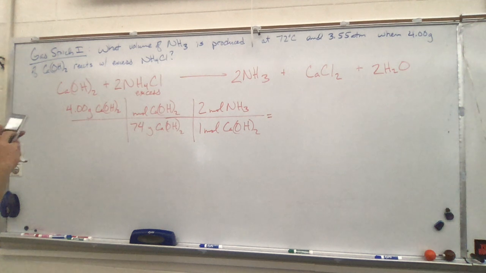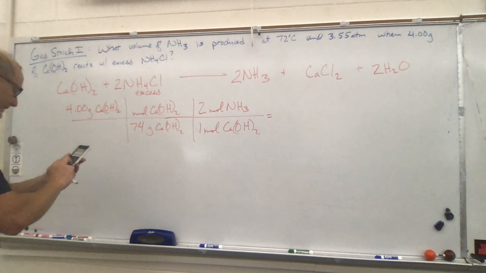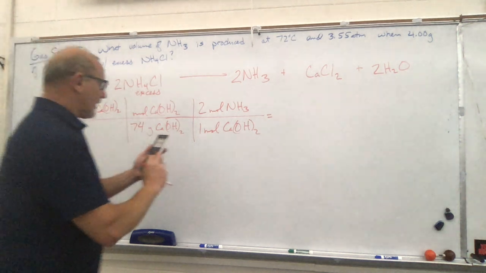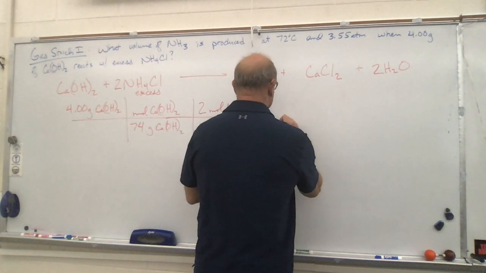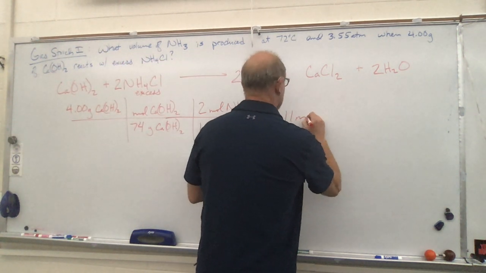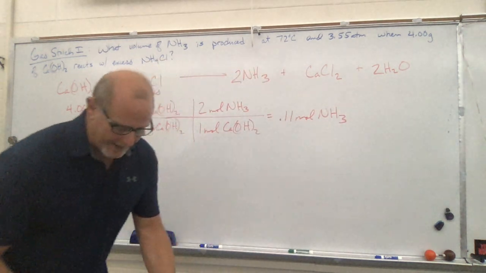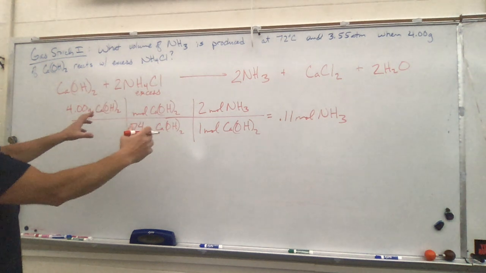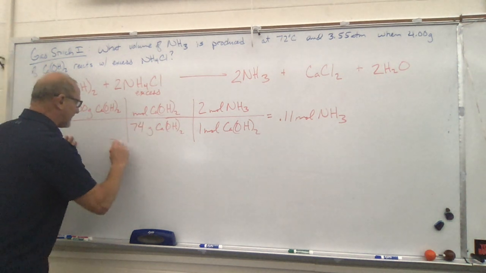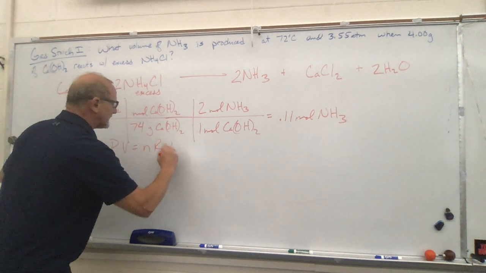We all make them, kids. 4 times 2 is going to be 8. Divide that by 74. I've got 0.11 moles of NH3.